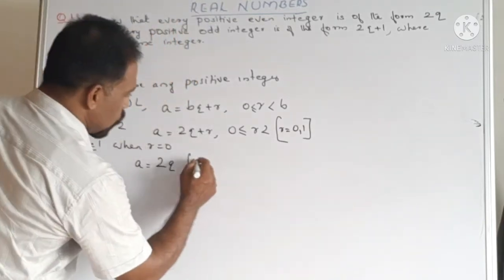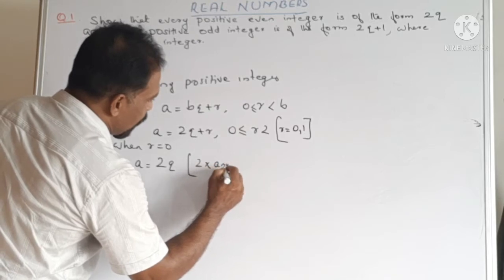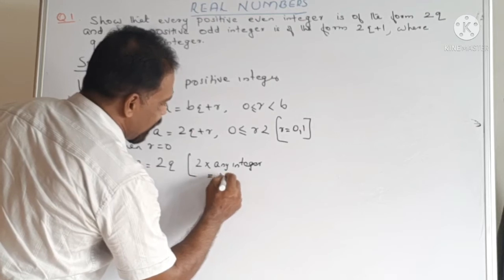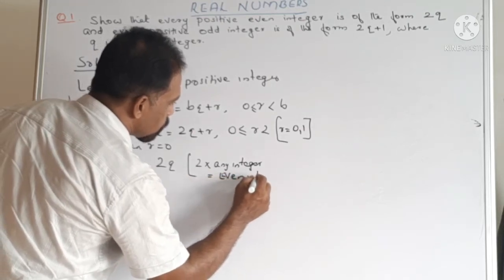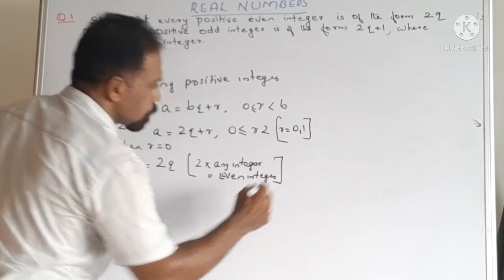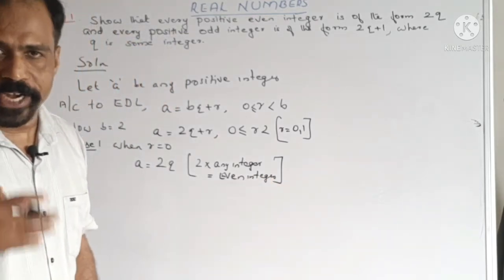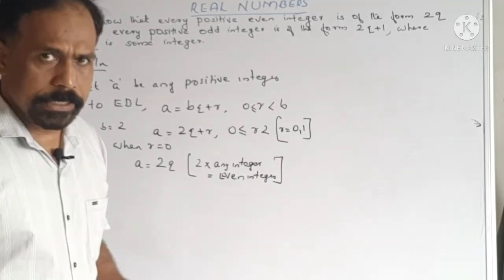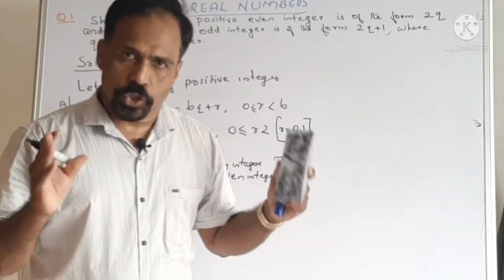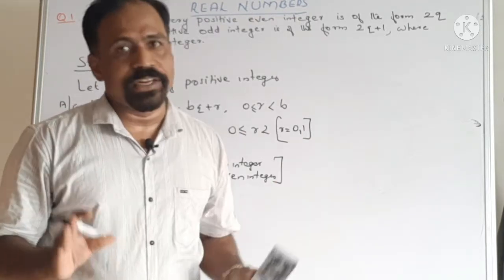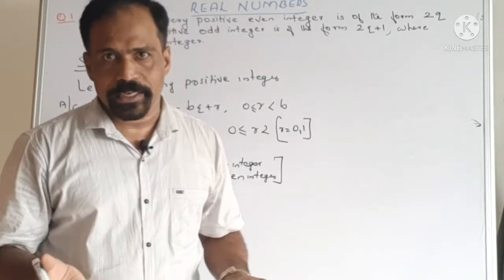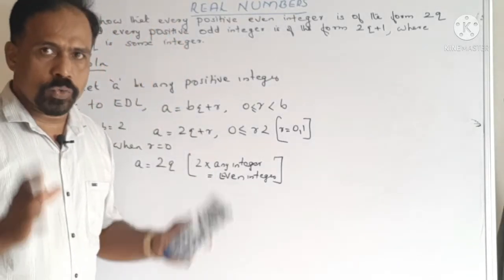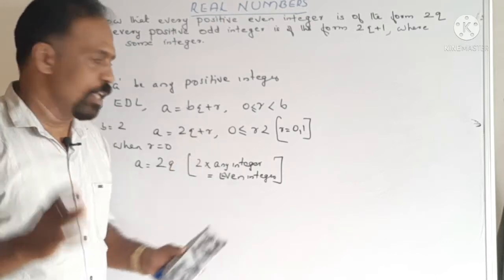So 2 into any integer will always be an even integer. You take the example of 9: 9 twos are 18; 11 twos are 22; 5 twos are 10; 1 two is 2. If you multiply any integer with 2, you will always get an even integer.